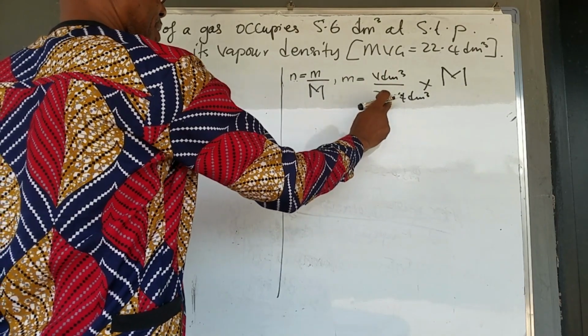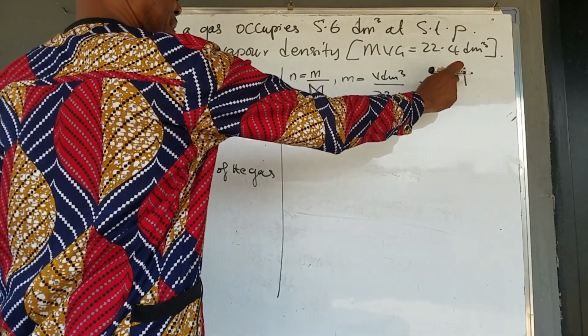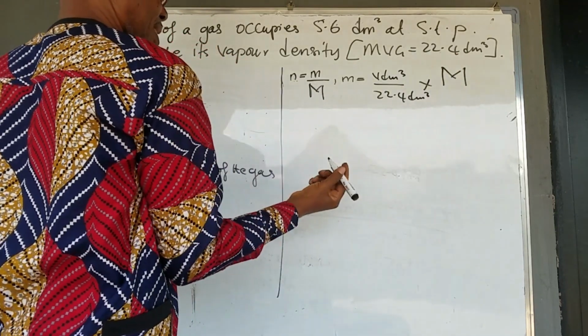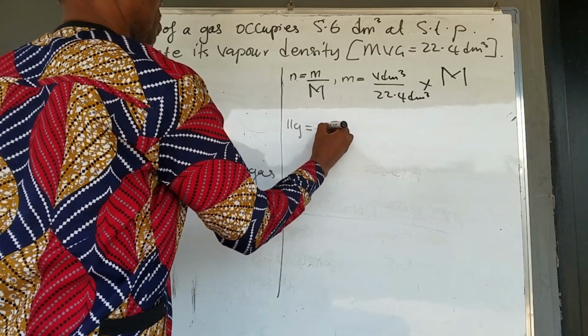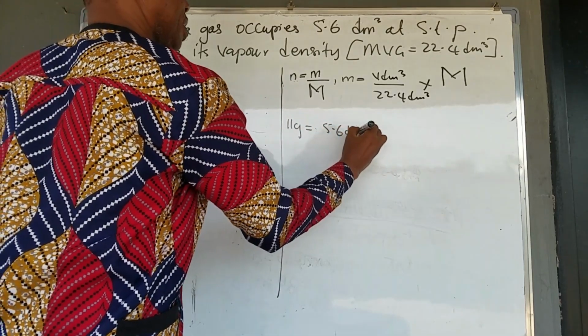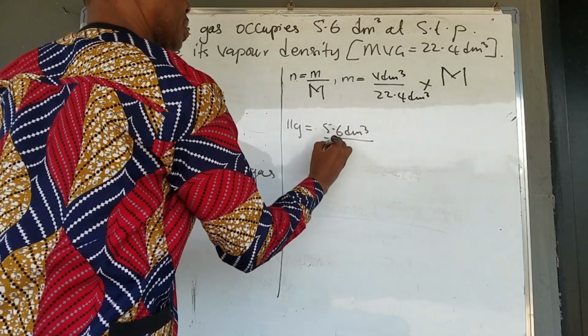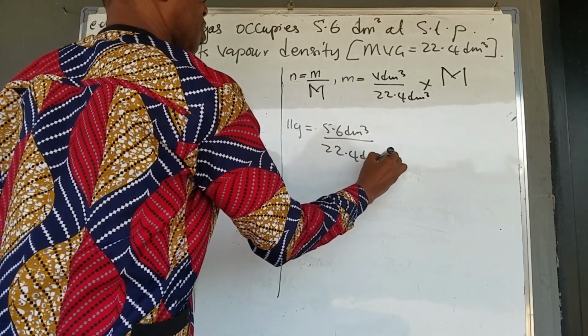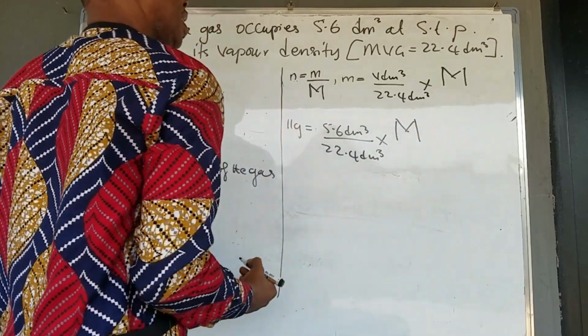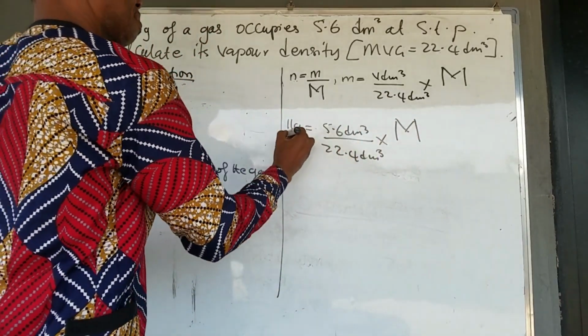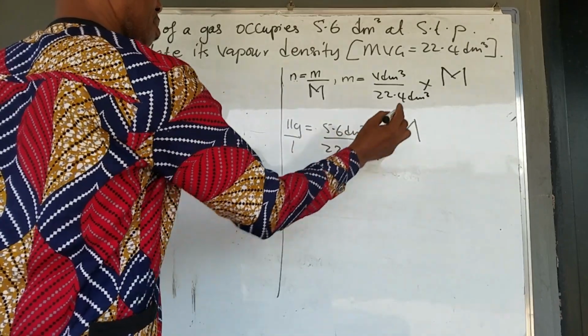I have this, so I can find this. Simple? So let's do it. So now I have here 11 gram is equal to 5.6 dm³ over 22.4 dm³ times the big M. So what do I do? I simply cross multiply this way.